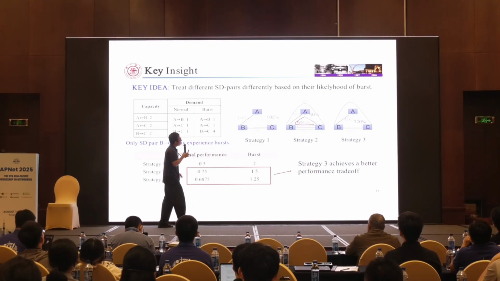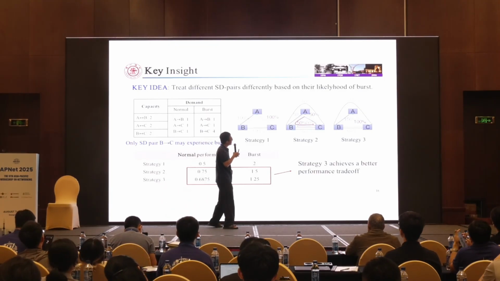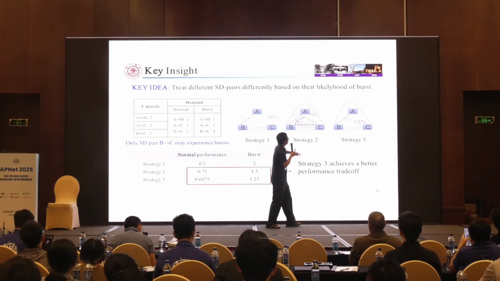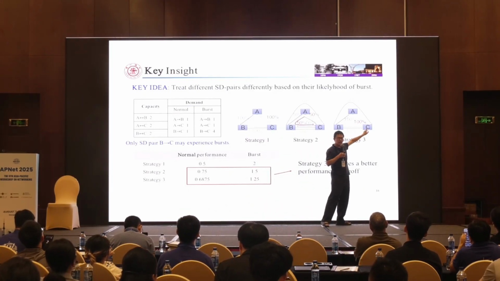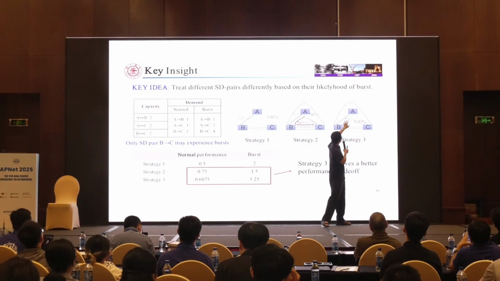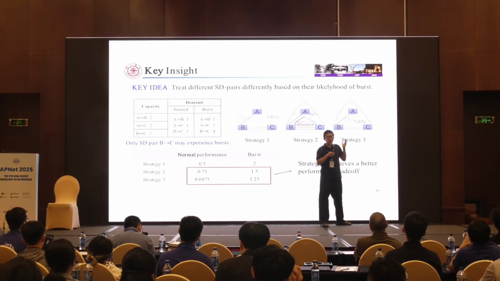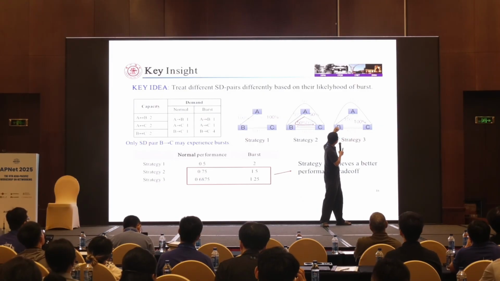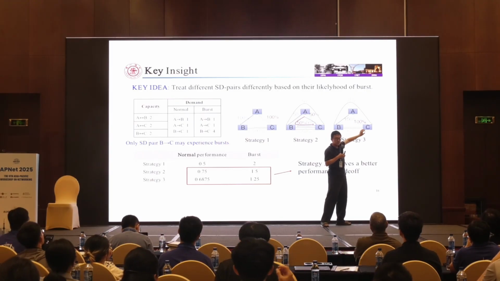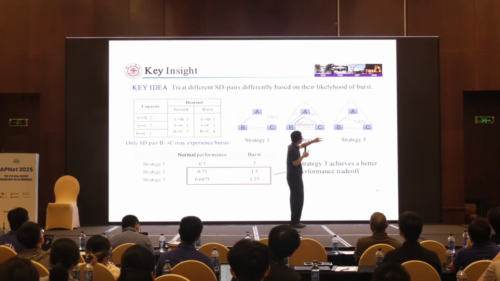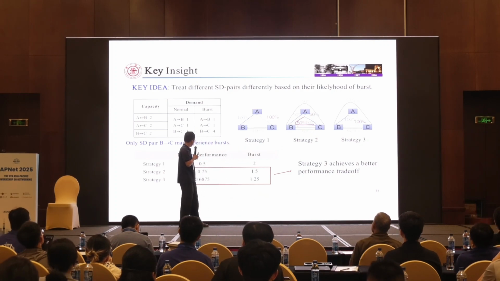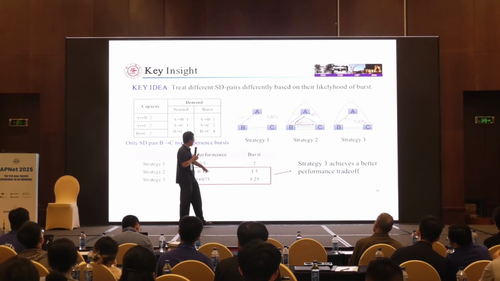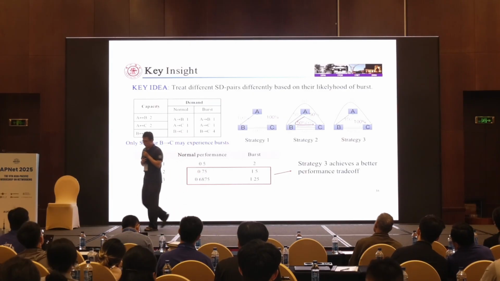But with a different strategy, say we know that the traffic from B to C is highly bursty, but traffic from A to B and A to C are not bursty. Then we can split the traffic from B to C among 2 paths, and this strategy 3 offers the best performance, both in the normal case and the traffic burst case.